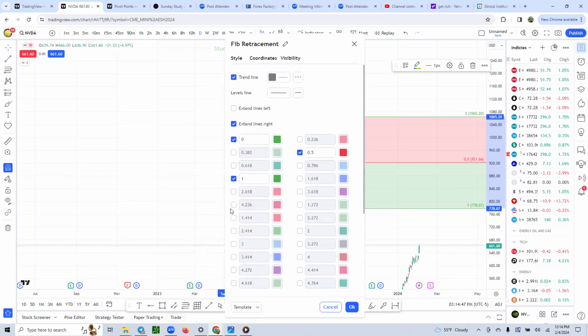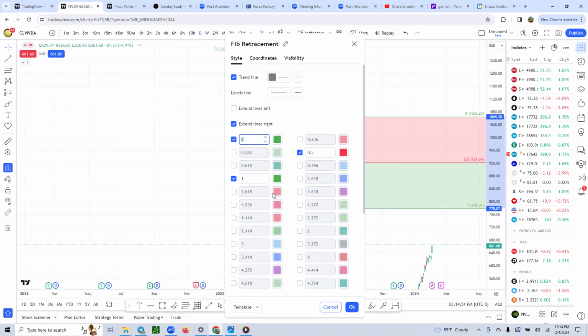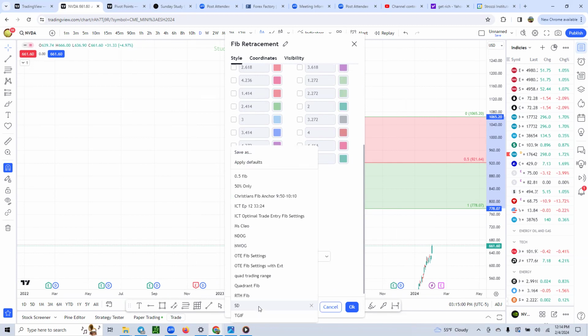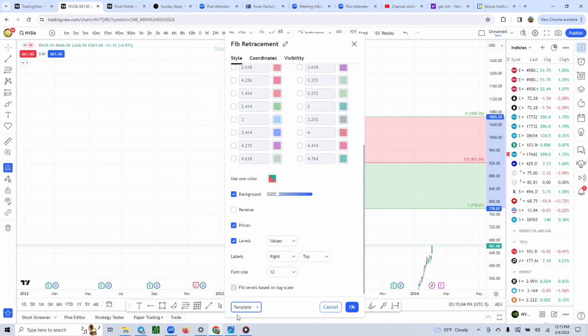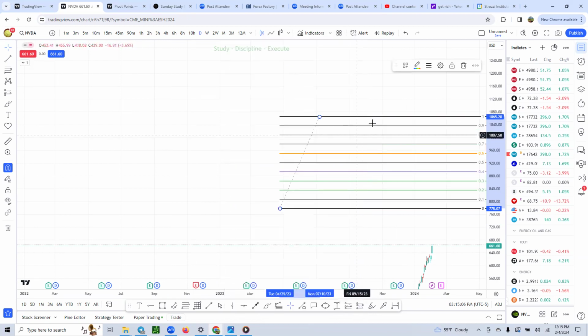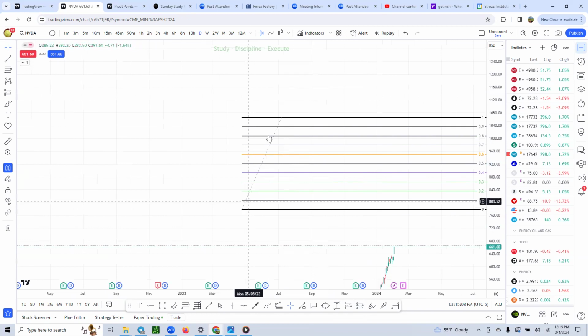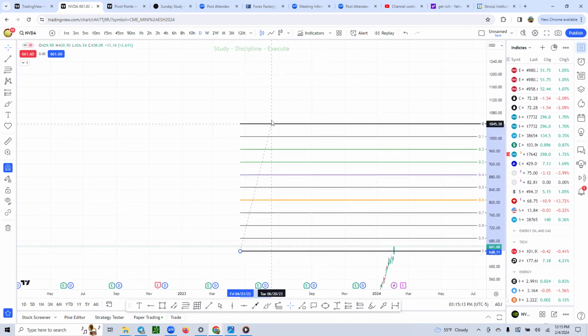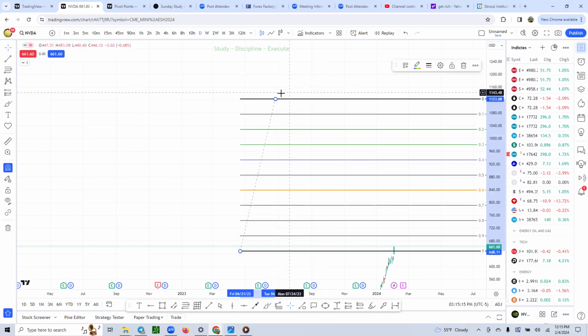And here are the settings for that, which you can mirror on your own computer. I think those are the main ones that I use. So ICT talks about TGIF, where on a weekly range the candle can retrace up to 30%, or 20% I think it is, in a weekly range.